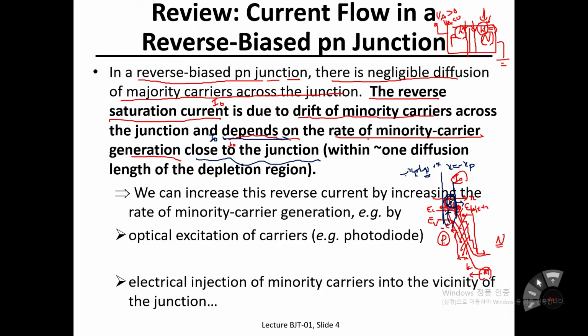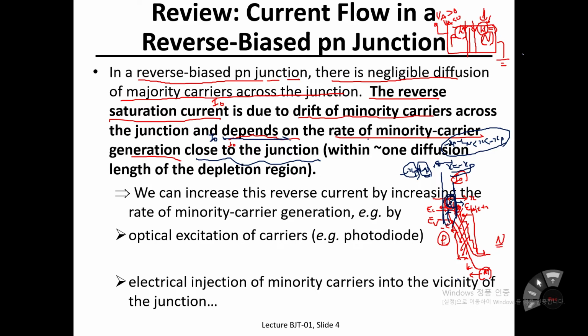Minus xp indicates the edge of the depletion layer on the p side, and minus Ln means one diffusion length away from the edge of the depletion layer. Within this region, x from minus xp minus Ln to minus xp, if the thermal generation rate of minority carriers, which is the thermal generation rate of electrons in the p-type region, is increased a lot, then we may expect a greatly increased saturation current.